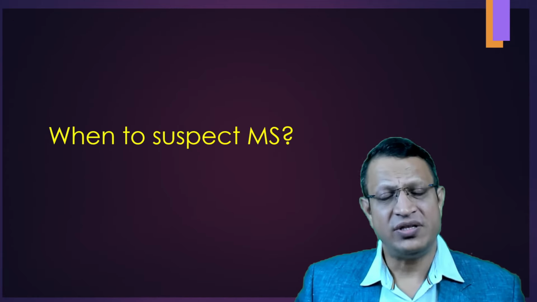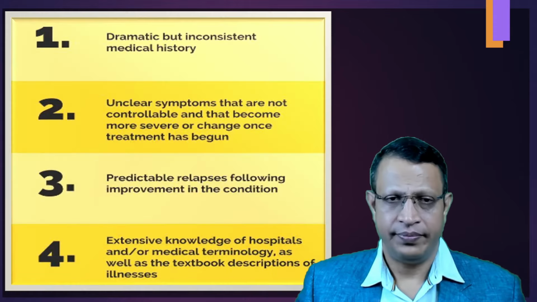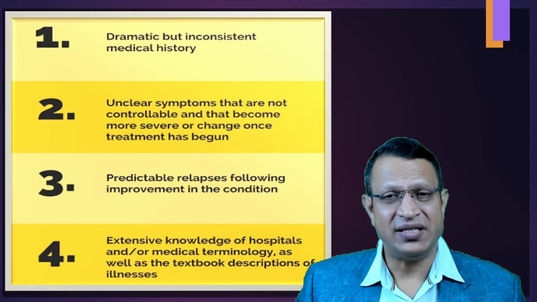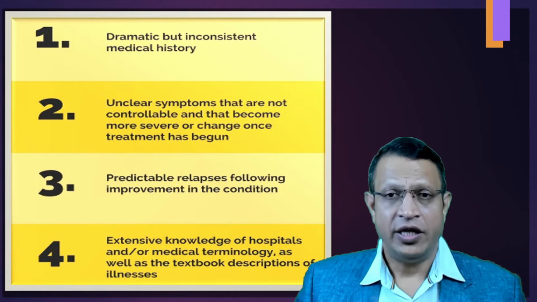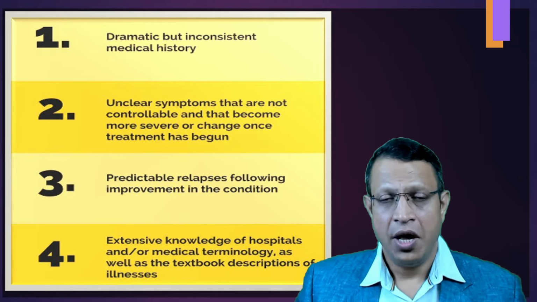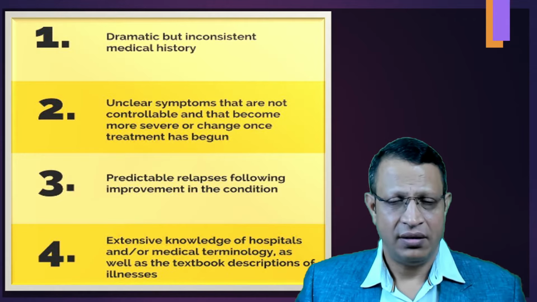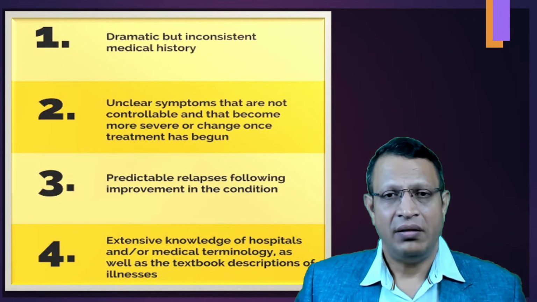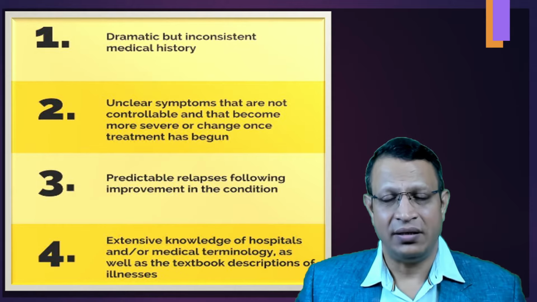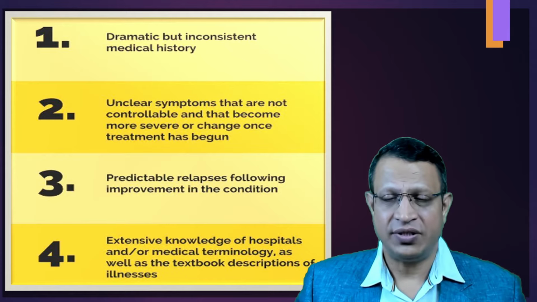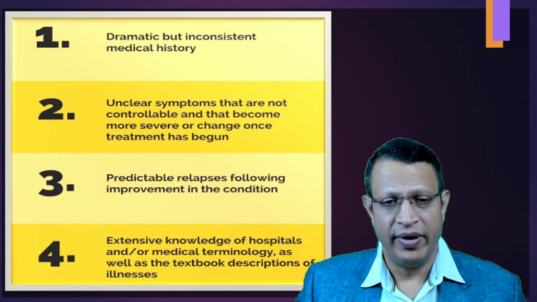Now, the question is when to suspect Munchausen syndrome. First and foremost, if the patient presents dramatically with an inconsistent medical history, the patient reports symptoms, but on asking for clarification, they are unable to give minor details. Invariably, they start giving various other symptoms. You will find predictable relapse following improvement.